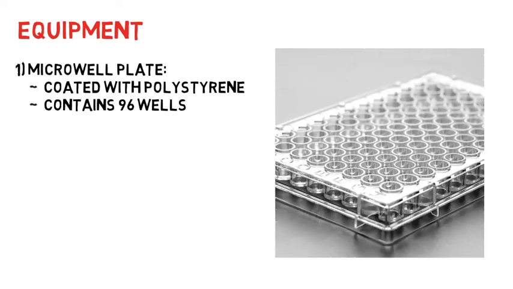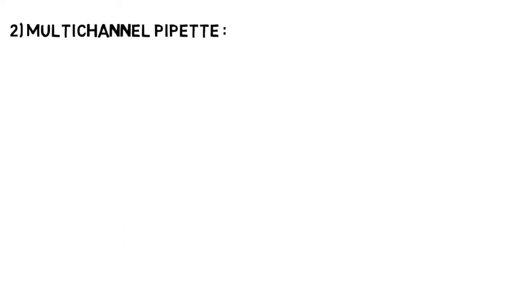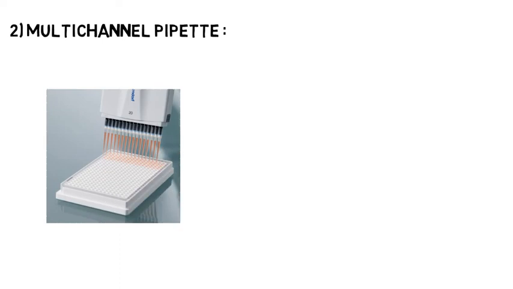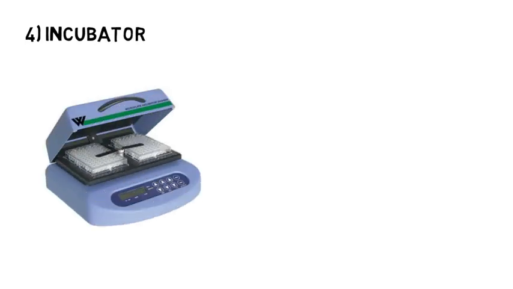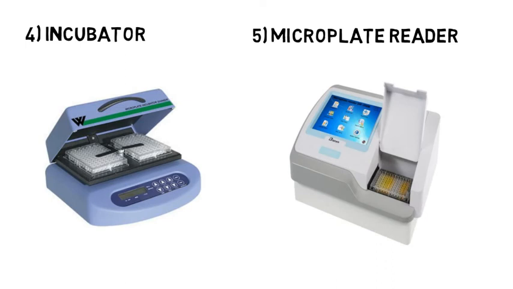The materials required to perform an ELISA include a microwell plate coated with polystyrene containing 96 wells, an 8-channel pipette for easy pipetting, an automated microplate washer, which is very efficient with low carryover contamination, incubators for efficient antigen-antibody binding, and a microplate reader.